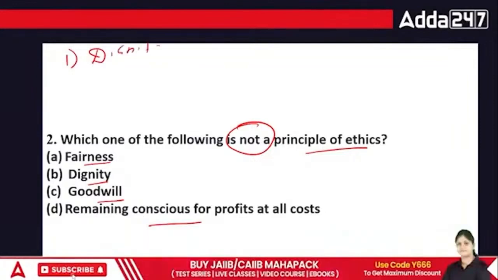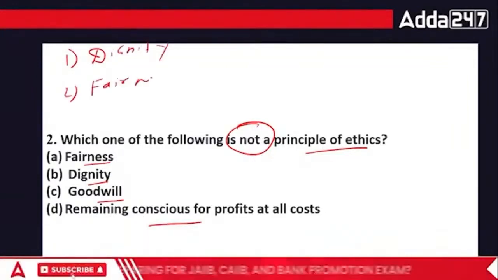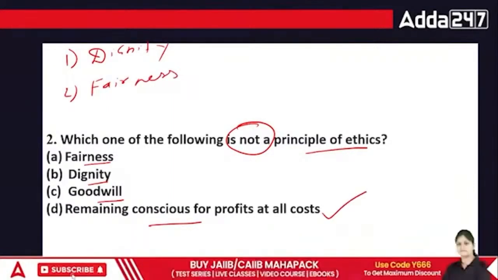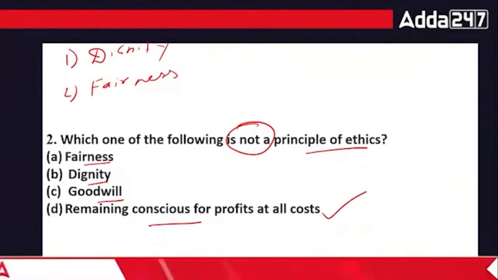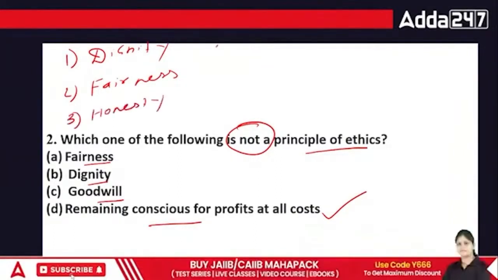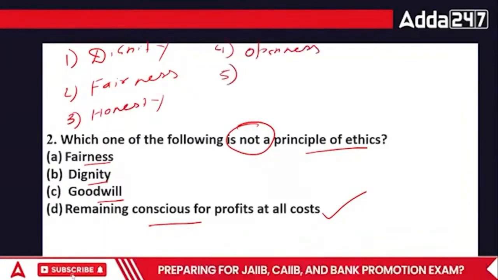Then number two is fairness. First I'll tell you what the answer is. Of course D is the right answer. Then number three is honesty and fourth is openness. Then goodwill and prudence.